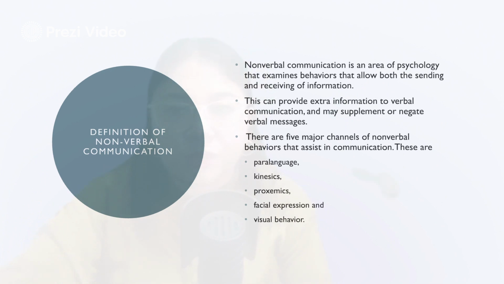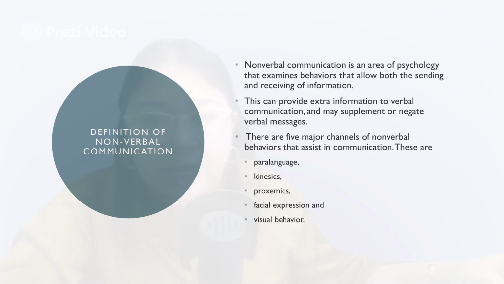I do hope that you could try to understand and remember all those terms, because they will come out in your test in week 10. We are now in week 8. You have 2 more weeks to do your revision, and you will sit for your first test in week 10. They are paralanguage, kinesthetic, proxemic, facial expression, and visual behavior.